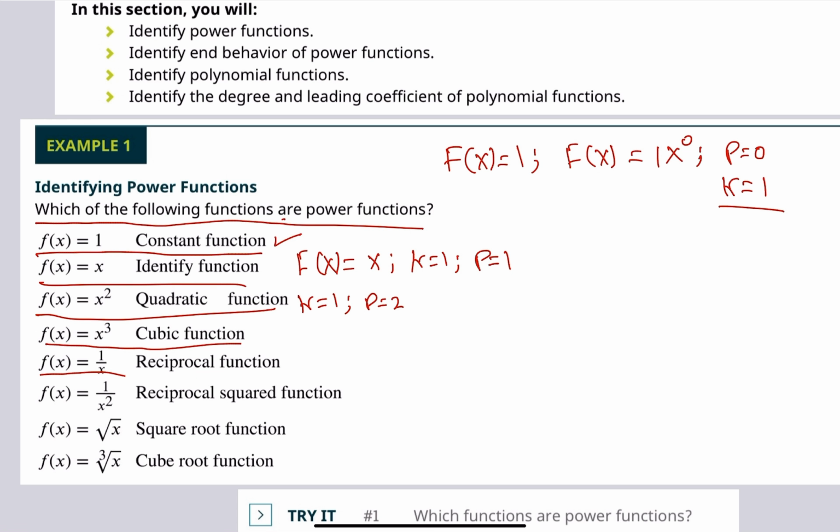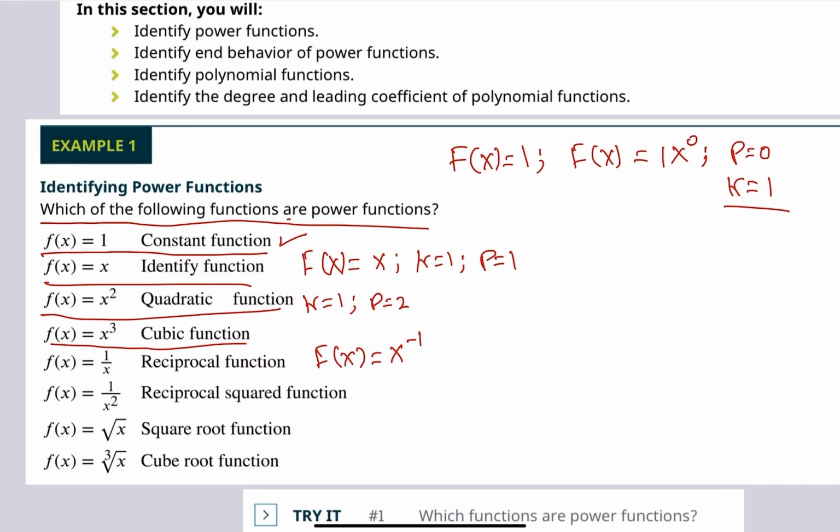What about this reciprocal function? If I take 1 divided by x and I turn it into a function, I just want to have a base of x and I don't want a fraction. This is x raised to the power of -1, right? So p equals -1 and k equals 1. What about this one? We have 1 over x squared, which is x raised to the power of -2.